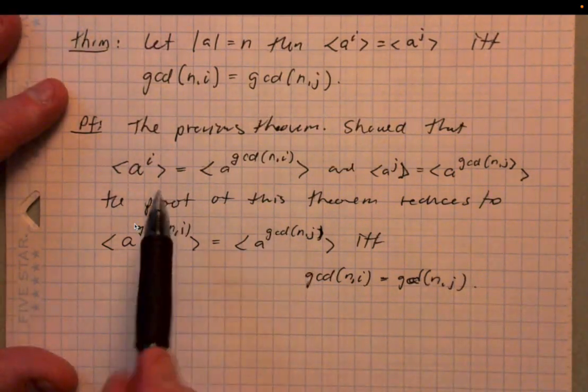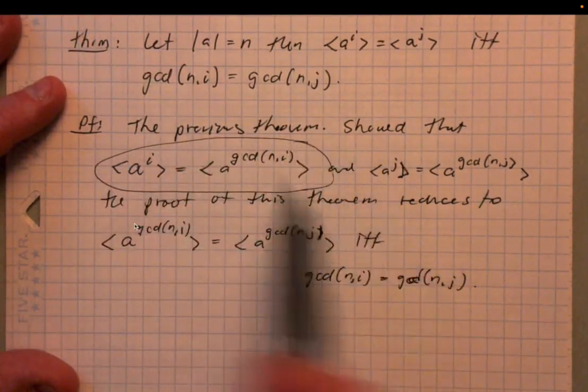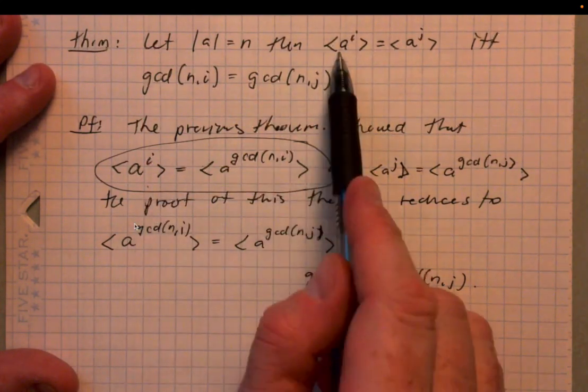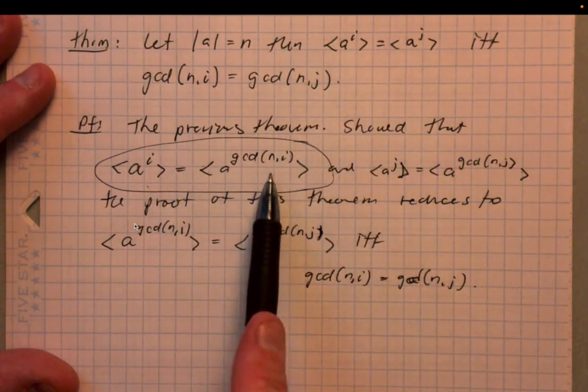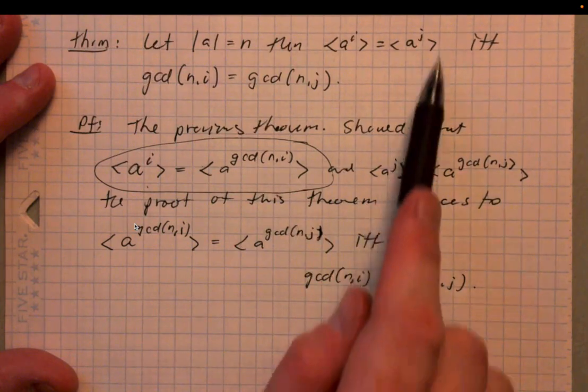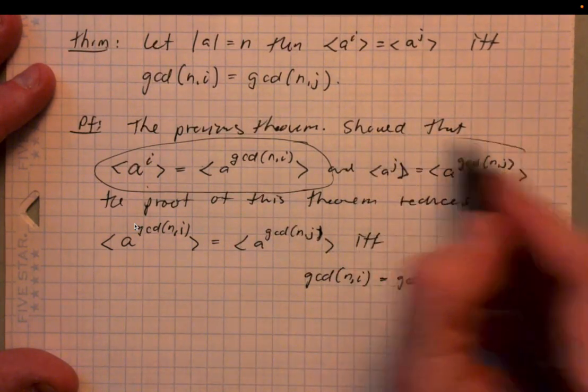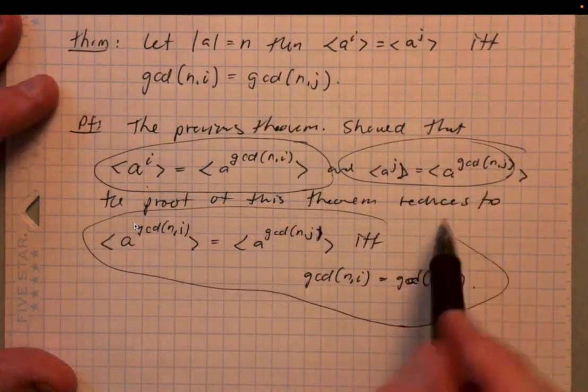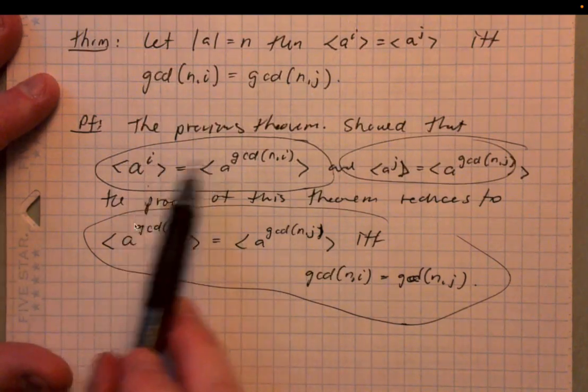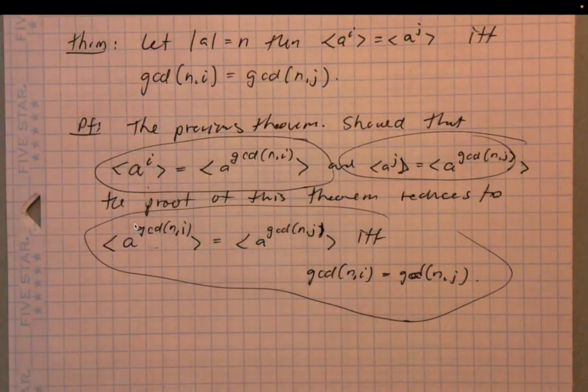Basically just the fact that this piece from up here can be replaced by this, and this piece can be replaced by this, allows us to use this expression for this group in the proof of the theorem, which makes the theorem extremely easy to show.